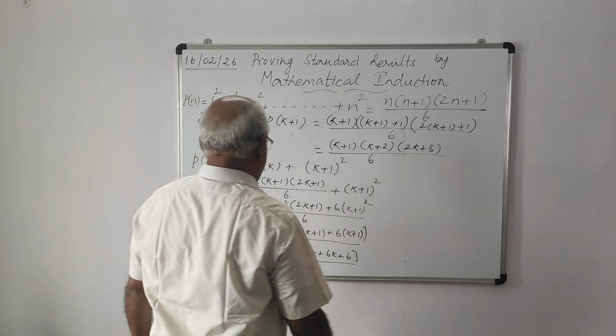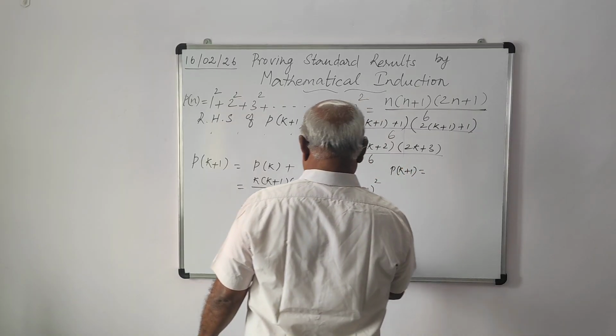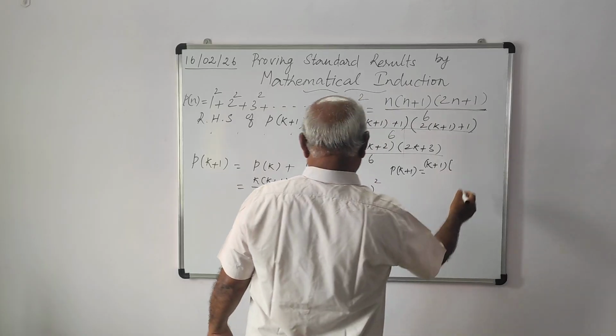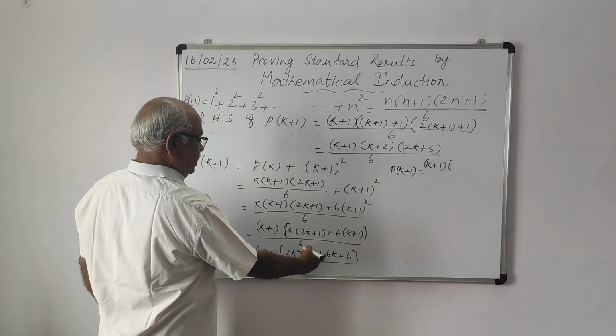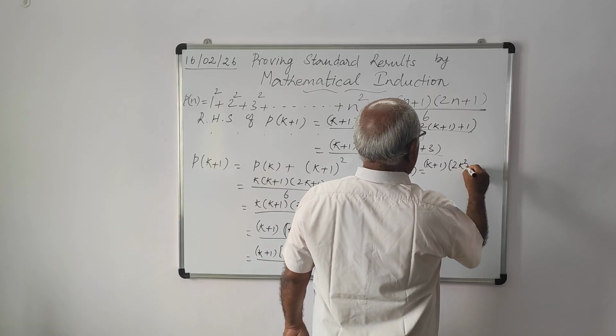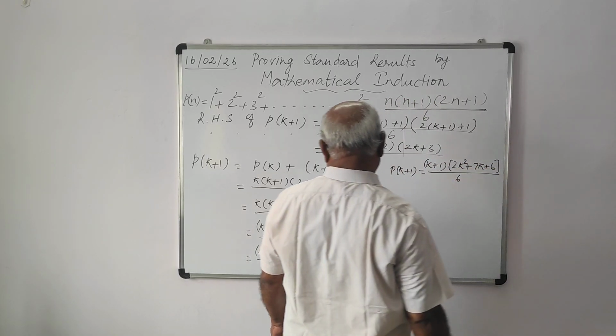Now we have P of k plus 1 equal to k plus 1 into 2k square plus 7k plus 6, the whole divided by 6.